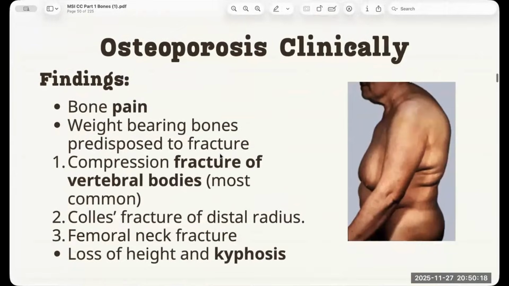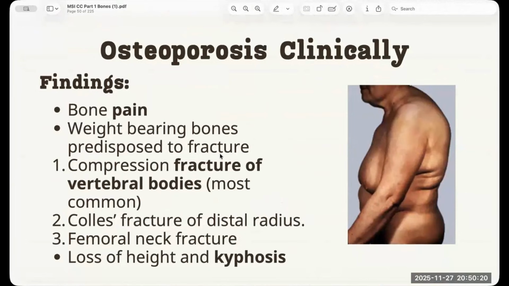All right. Clinically, the findings would be bone pain. First of all, this is what the patient will come about. Okay. And it's mostly going to be in weight-bearing bones, such as vertebral bodies, or Colles fracture of the distal radius, or femoral neck fracture.